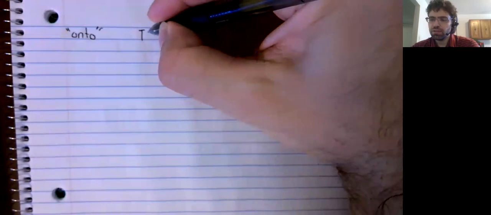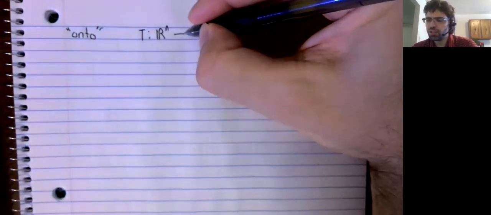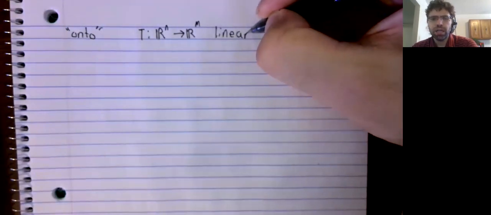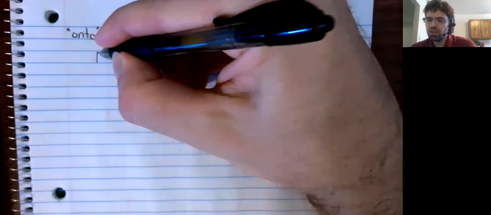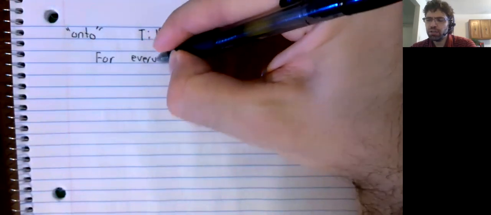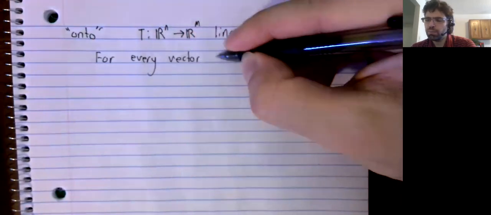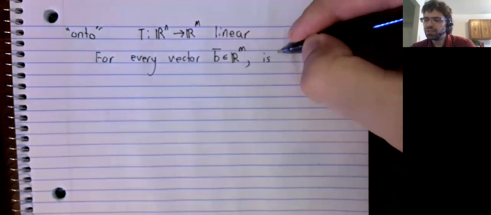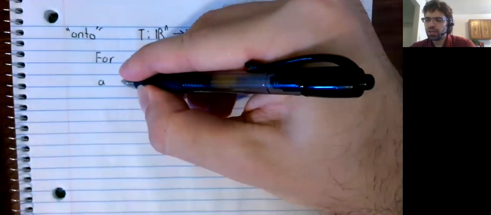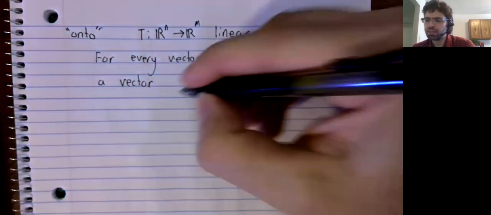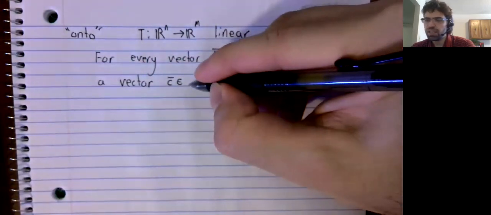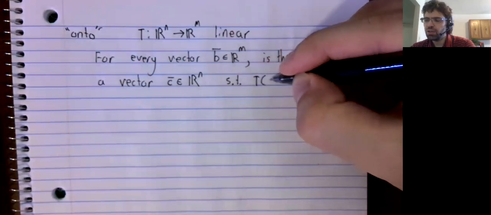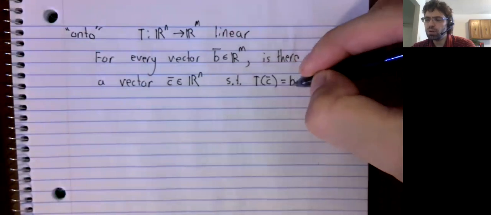Let T be a linear transformation from Rn to Rm, and the question is, for every vector B in Rm, is there a vector C in Rn such that T of C equals B?